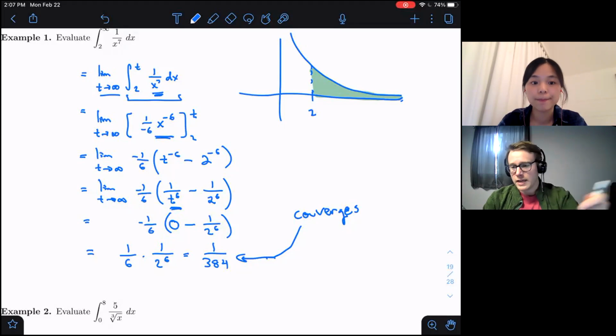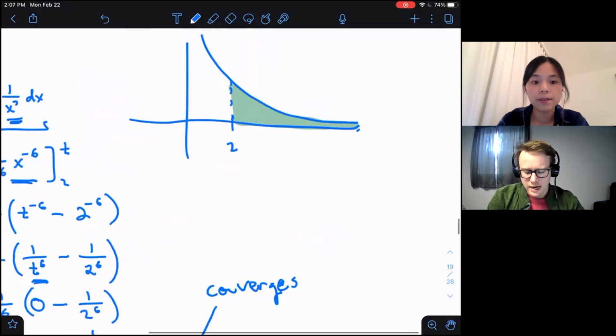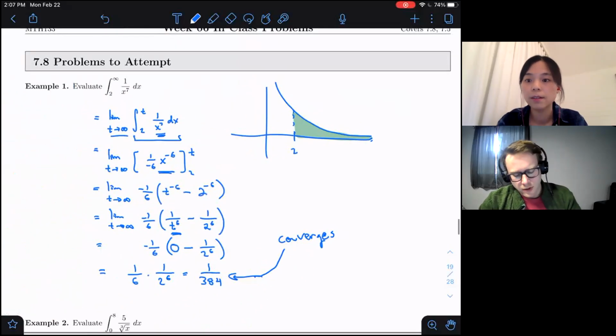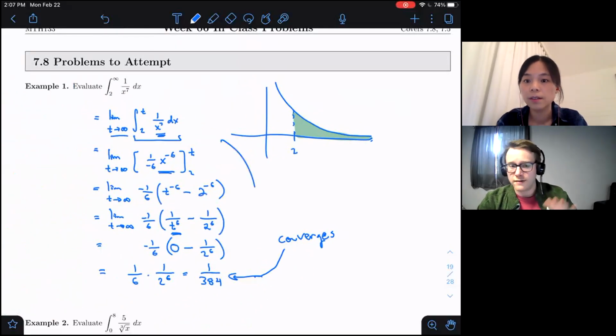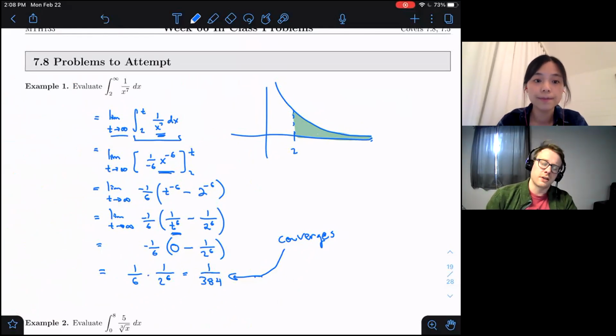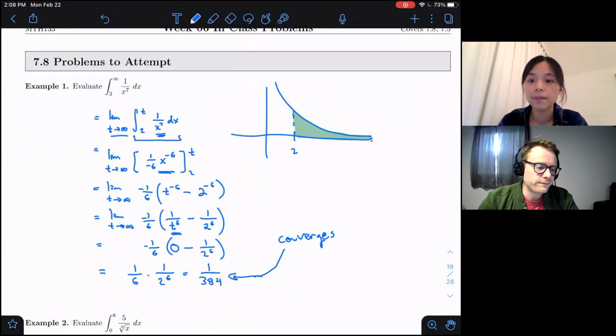However, you also have these infinity situations. Notice that this is completely continuous on this interval. Of course, if we were to include 0, then we would have some issues here. It'd be discontinuous at 0. However, on the interval that we've chosen here, it is always continuous. It's just that this one's an improper integral because it goes off to infinity.